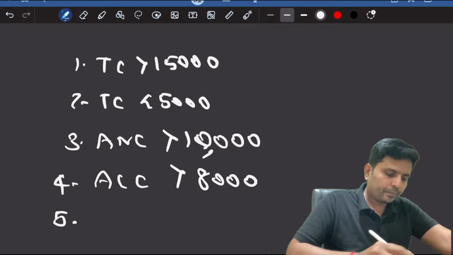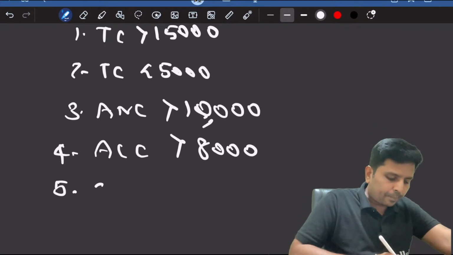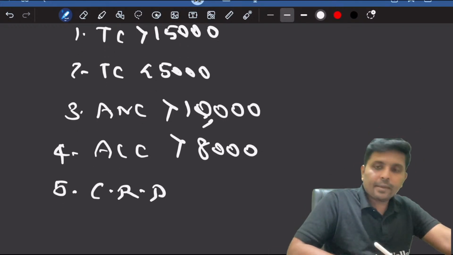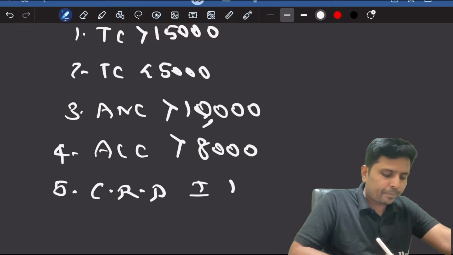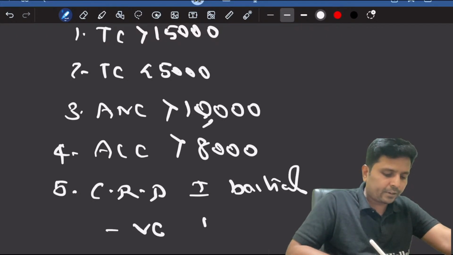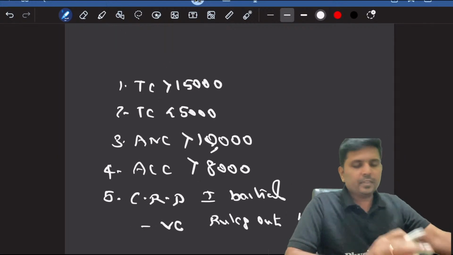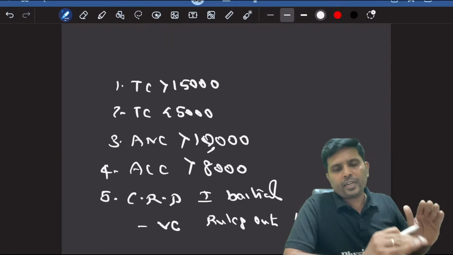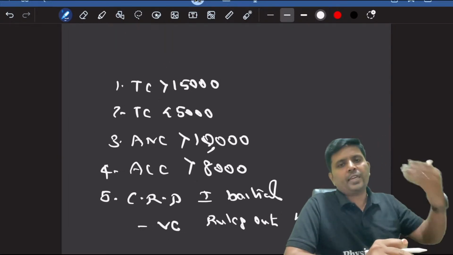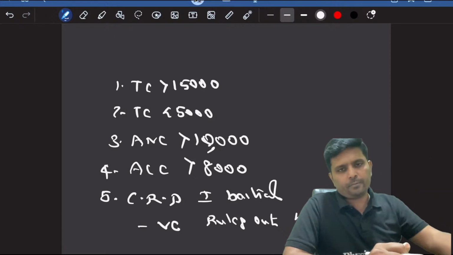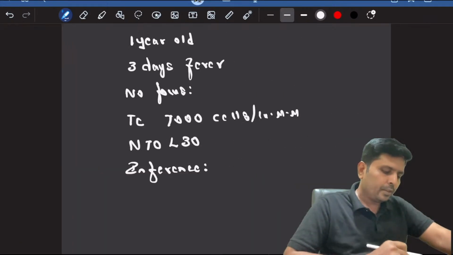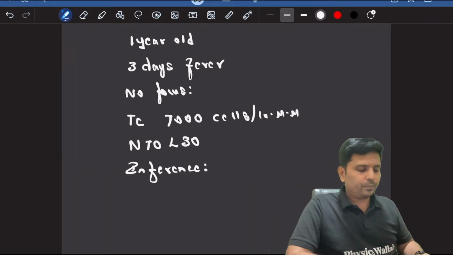CRP positive means may or may not be bacterial infection, whereas CRP negative means rules out bacterial infection. This is the common thing that you need to know whenever you see any child with fever. Okay? Right. Then let's go to this scenario.